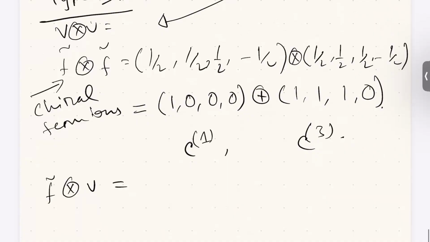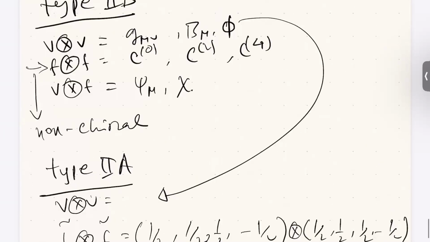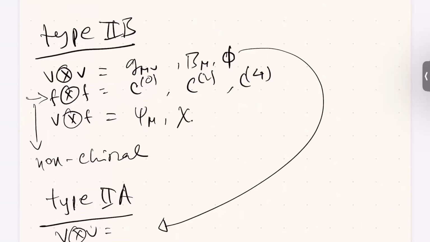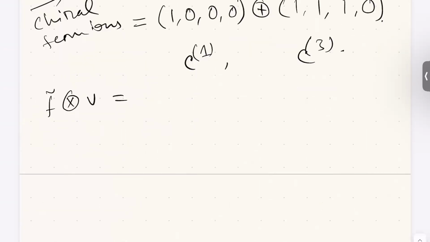So you see here, the form fields that are coming, the higher form fields, are odd number of C1 and C3. So C1, C3, you see they are odd. Here, in the type 2A case, it was the even ones, right? Cool. And then you have half, half, half, minus half.